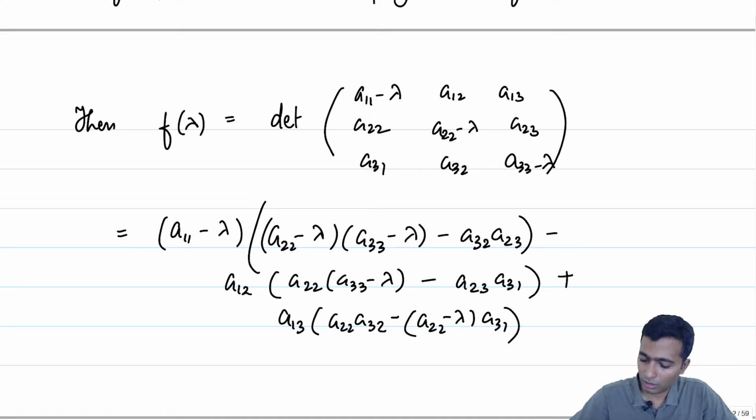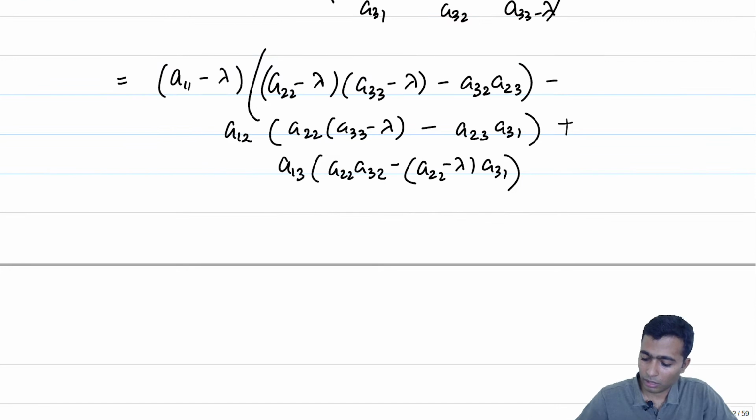This is the expression for the characteristic polynomial of A.